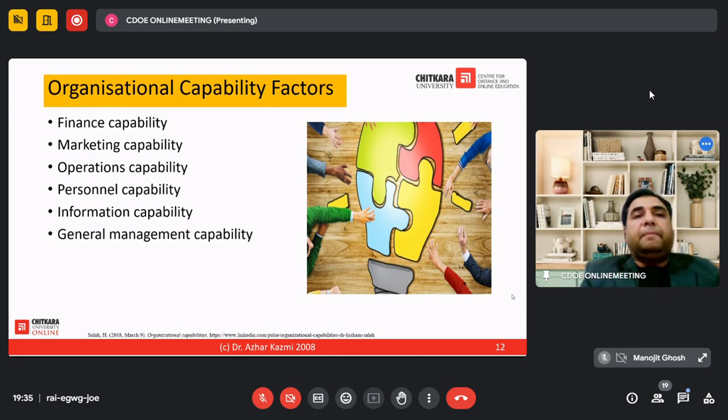Second is marketing. Now, a company has finance with them. They have created a product, they have created the services, but they were incapable of marketing those. What will be the result? The result will be that they are going to be out of the market. They are not going to sustain for a longer period of time.